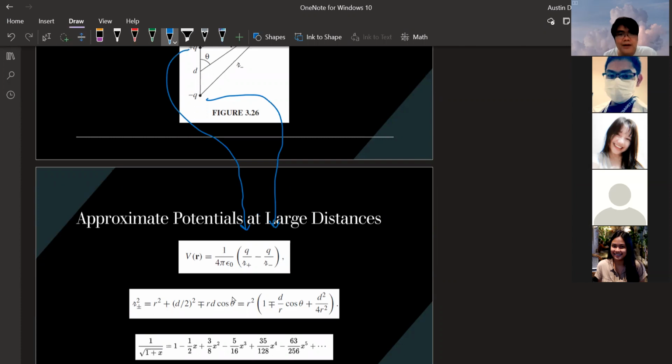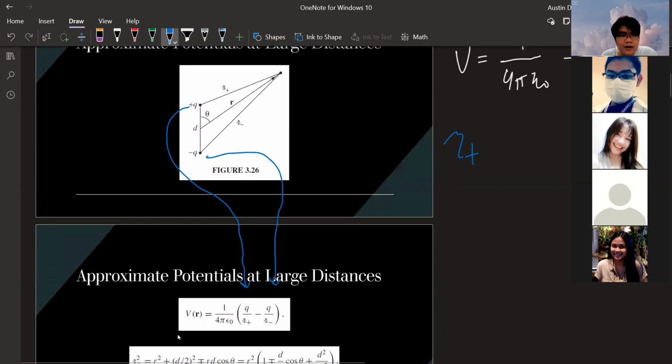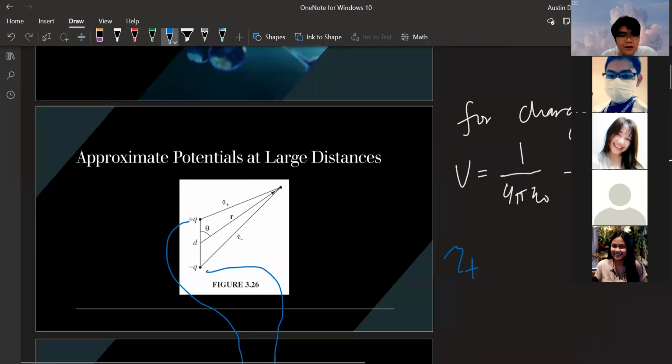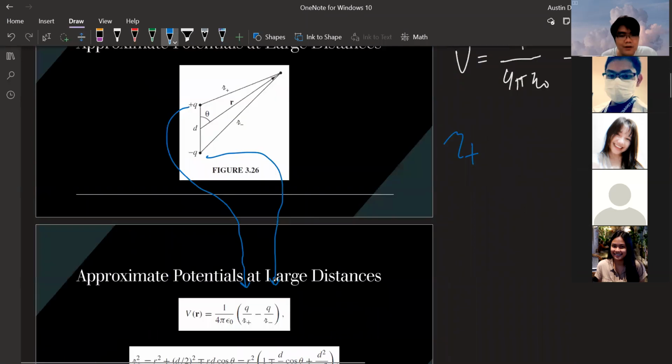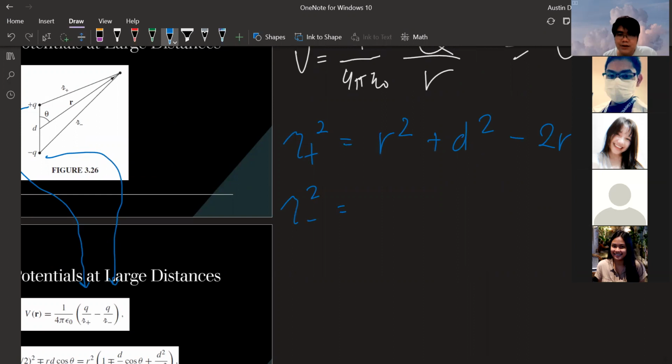Okay, so R plus, sulat natin, R plus squared is just the distance R squared, tapos yung height will be D squared minus 2RD cosine theta. Okay? And then the R minus squared is just R squared plus D squared.